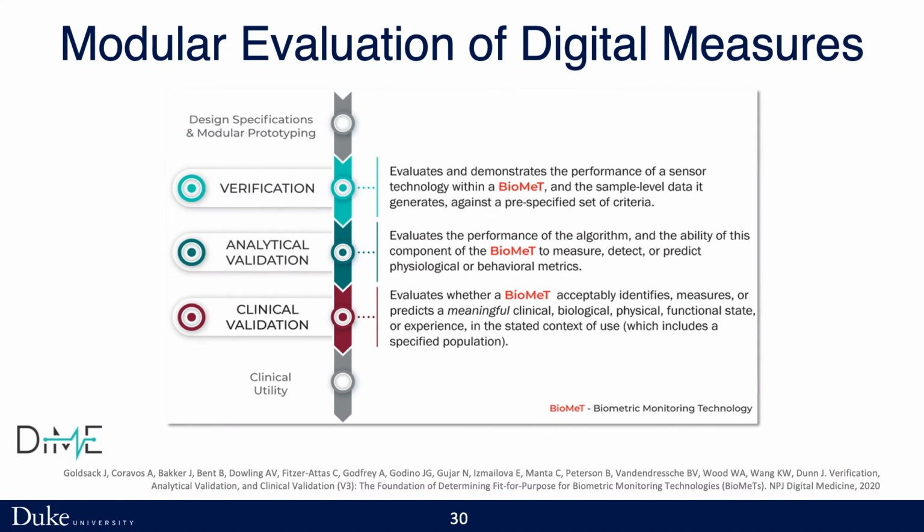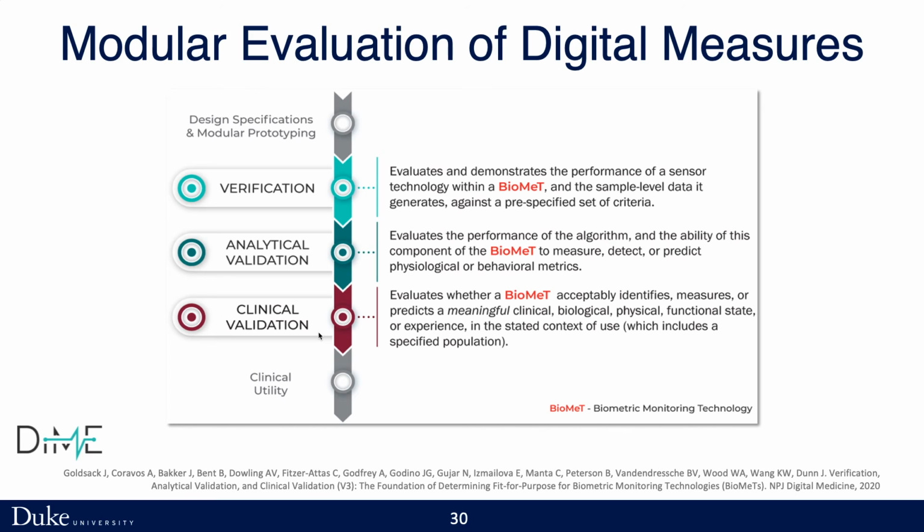And to clarify what exactly these different steps entail, if we're looking at verification, what we're doing here is evaluating and demonstrating the performance of a sensor technology within a biomed and the sample level data it generates against a pre-specified set of criteria. With analytic validation, we're evaluating the performance of the algorithm and the ability of this component of the biomet to measure, detect, or predict physiological or behavioral metrics.